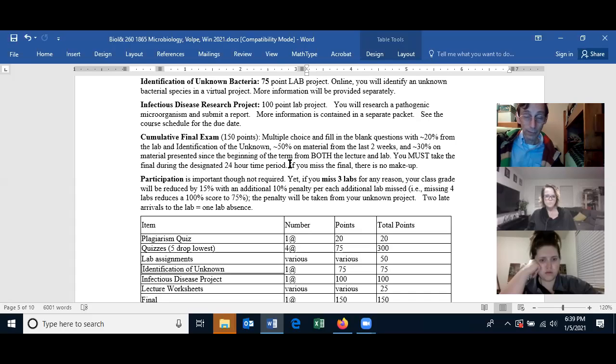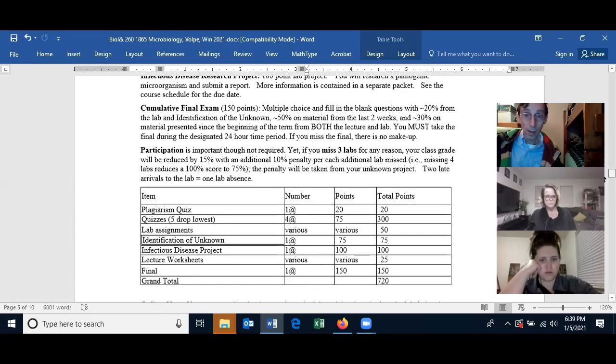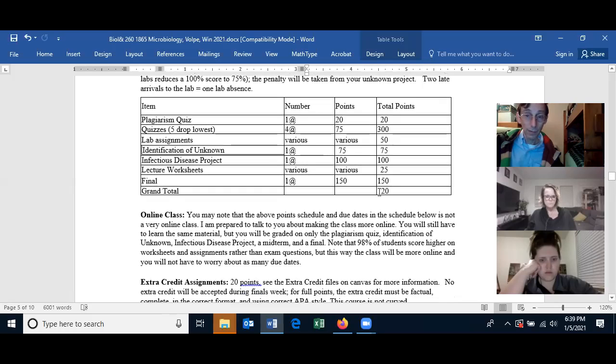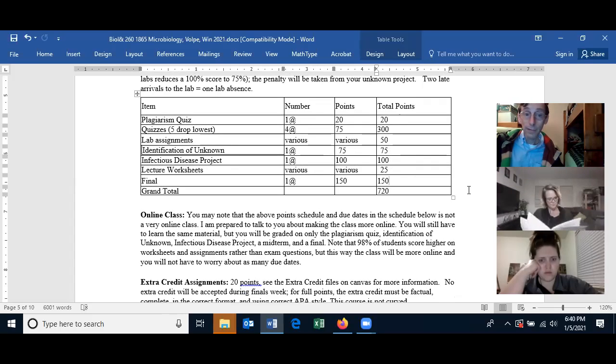Any question about that? A breakdown of the points, 720 total points. The lab being 100 for the infectious disease project, 75 for the identification of the unknown, 50 for the lab worksheets, and then part of the quizzes and part of the final. Any question about that?